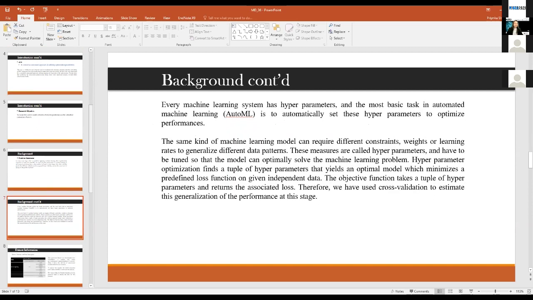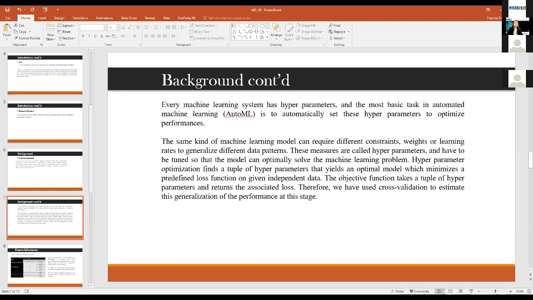Currently every machine learning system has its hyperparameters, and the most basic task in automated machine learning, known as auto ML, is to automatically set these hyperparameters to optimize its performance. The same kind of machine model can eventually require different constraints, for example, weights or learning rates, to generalize different data patterns. These measures are called hyperparameters and have to be tuned so that the model can optimally solve the machine learning problem.